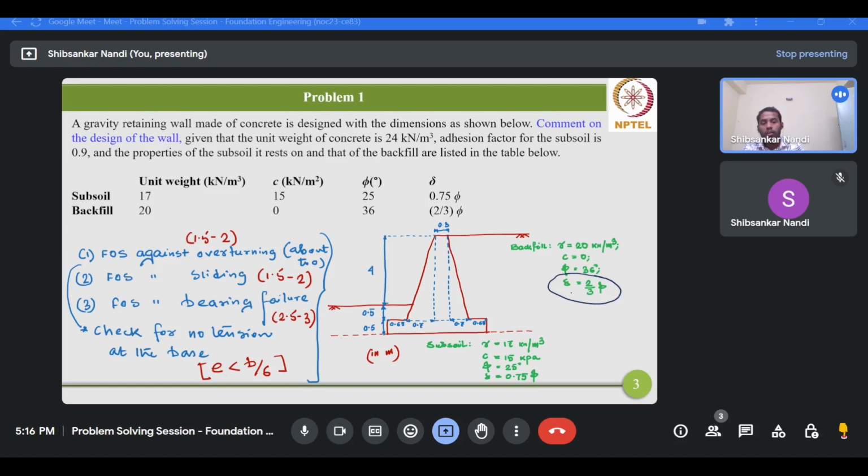If it is zero, then you can go for the Rankine's theory. However, before implementing the Rankine's theory, there is one check that you have to satisfy. However, for this problem, since the wall friction is not zero, the wall back face is not perfectly smooth, it's rough. So you have to go for the Coulomb's theory of earth pressure.